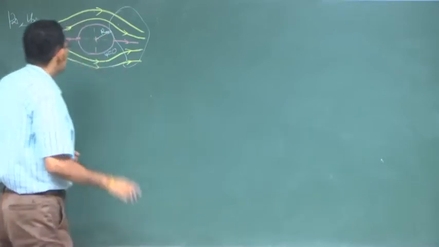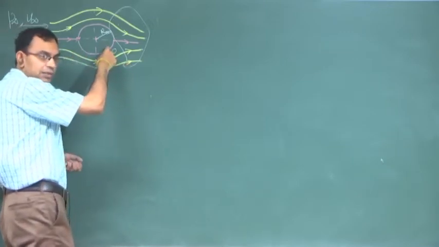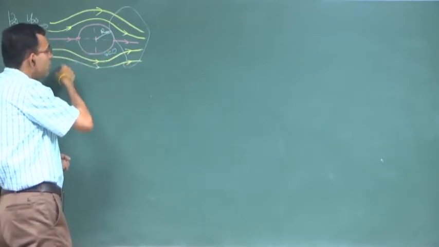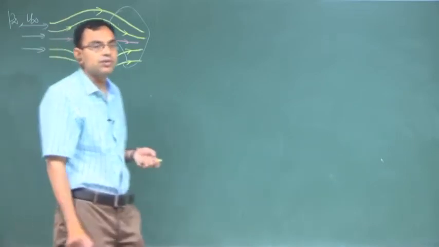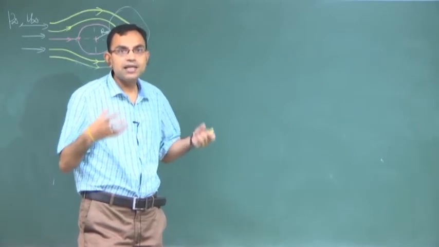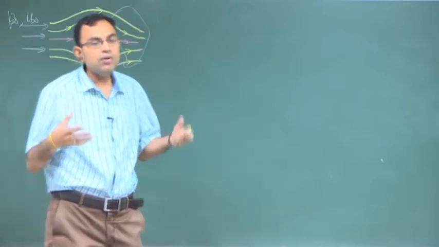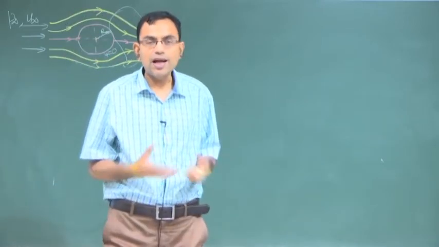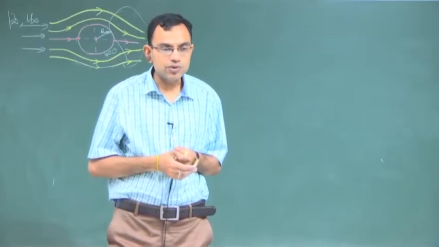Whatever is the pressure distribution from this side, the same will be the pressure distribution from this side. So the horizontal components will cancel and that will make the drag force equal to 0. But in reality, if you subject a cylinder to a flow, there will be a drag force, and it is very important to pinpoint what that drag force is.